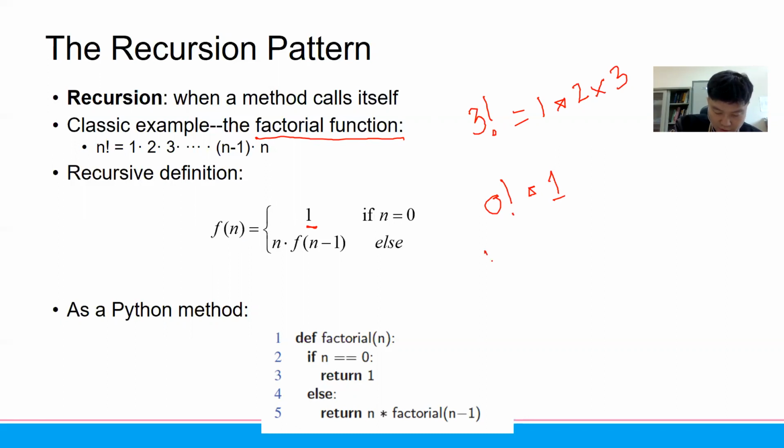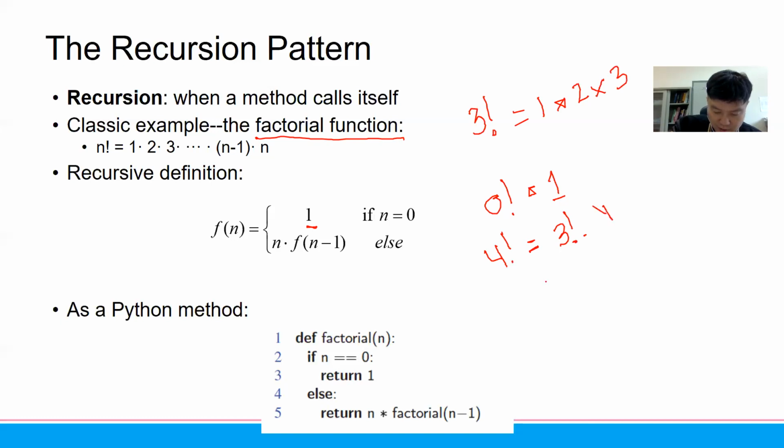Let's say if I have 4 factorial, then it will be the same as 3 factorial multiplied by 4.